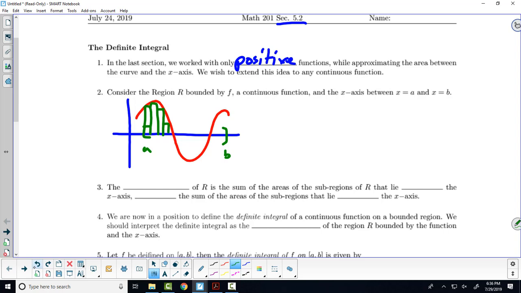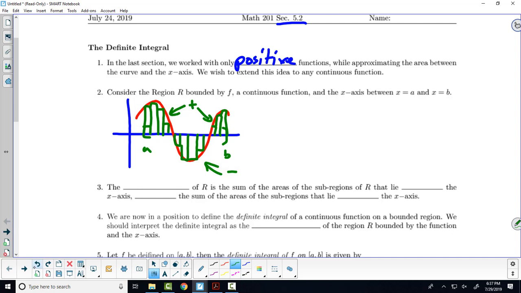But once we dip below the x-axis and we start drawing some of the rectangles that become our Riemann sums, then just because the functional value is negative, the height is negative, this region just gets counted as negative. So it's important to realize that these regions get counted as positive versus this region that gets counted as negative.